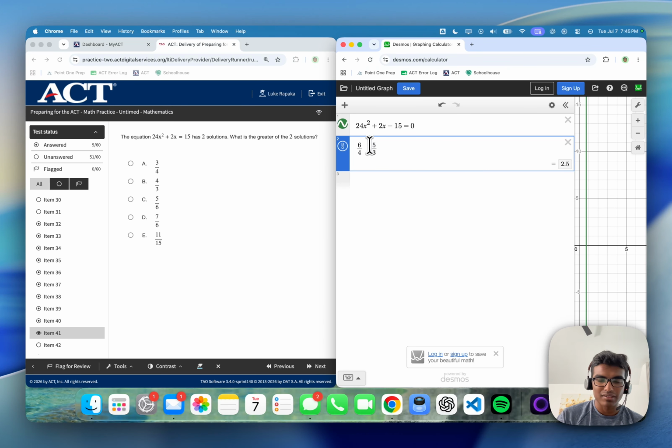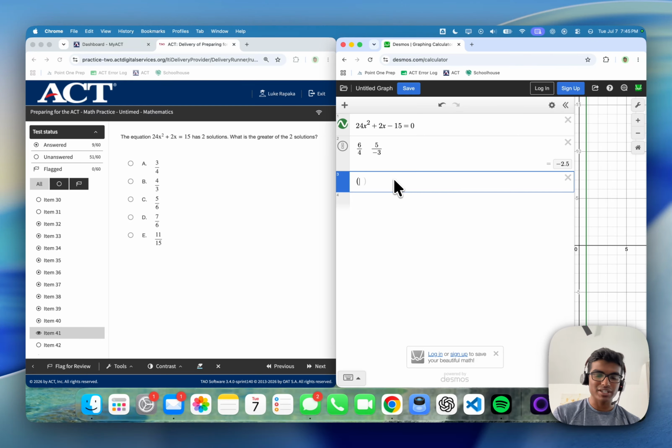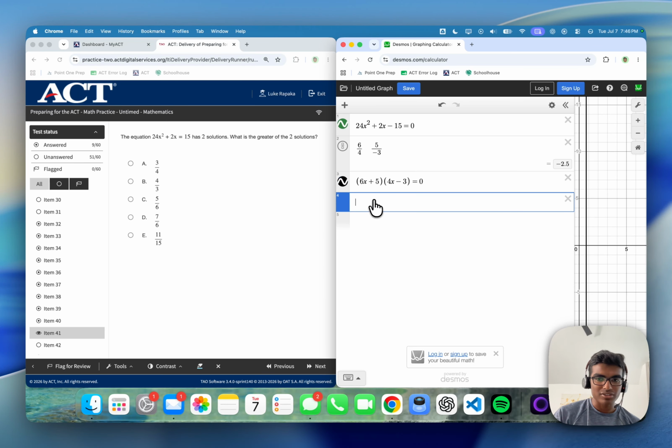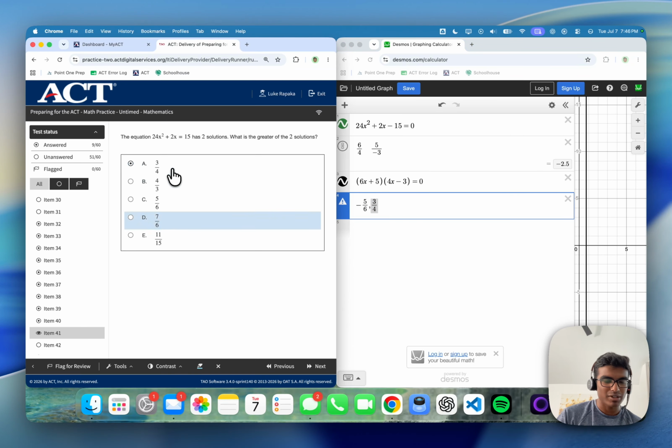Okay, so it has to be -3. Okay, so 20. Yeah, that sounds good. So our equation is going to be 6x plus 5 times 4x minus 3 equals 0. So our solutions are going to be negative 5/6 and positive 3/4. So the greater of the two solutions is 3/4, and so that's going to be your answer.